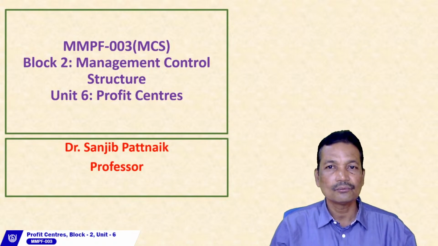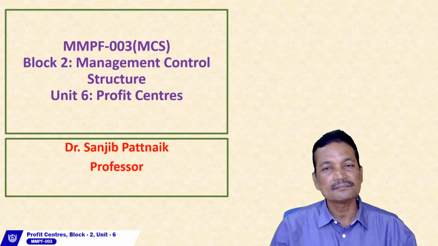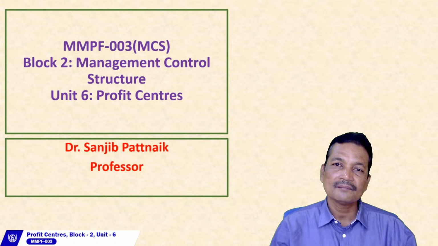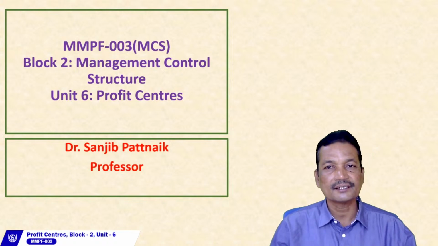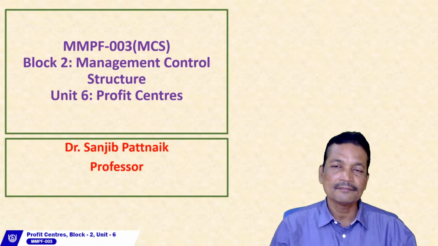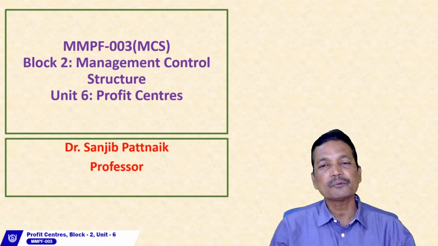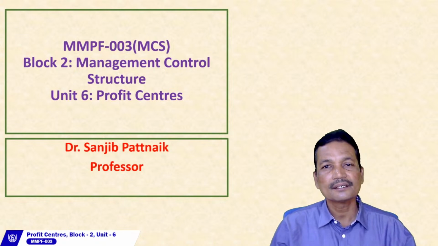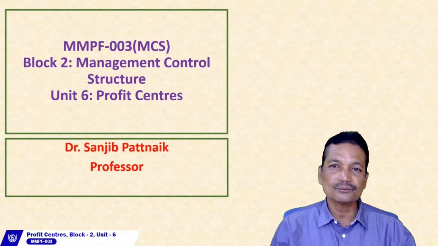When we say functional area, they can be production, finance, marketing, R&D, etc. So each will be having a functional head, and each functional head will be reporting to the top management, or the top management will take the decisions how to operate or how the activities will go on.